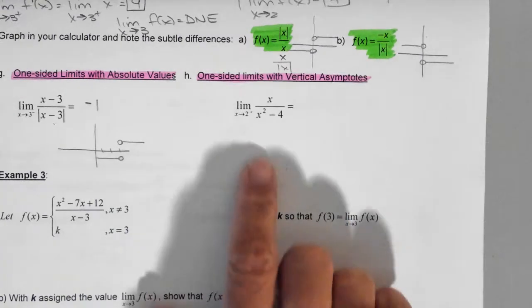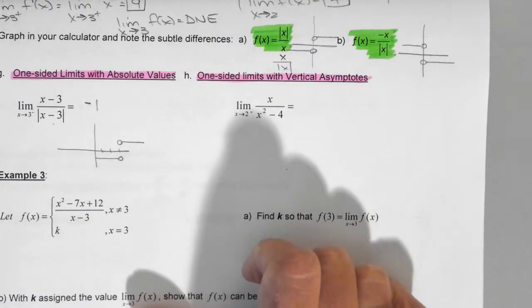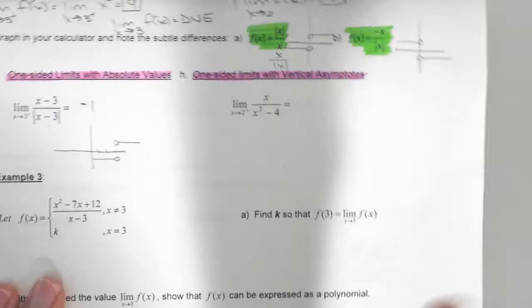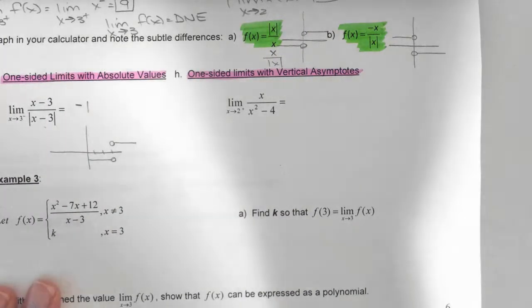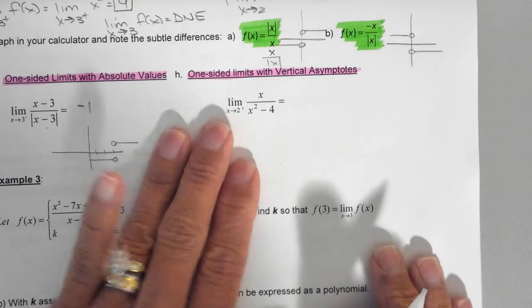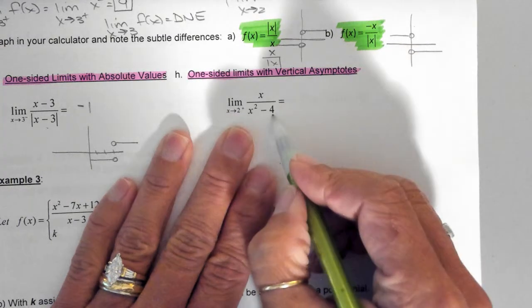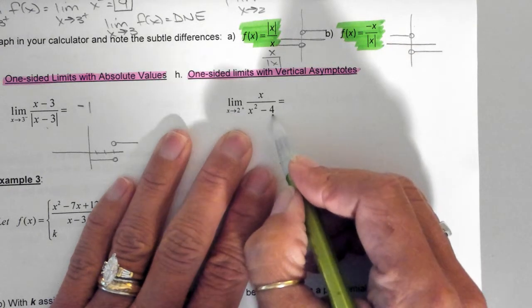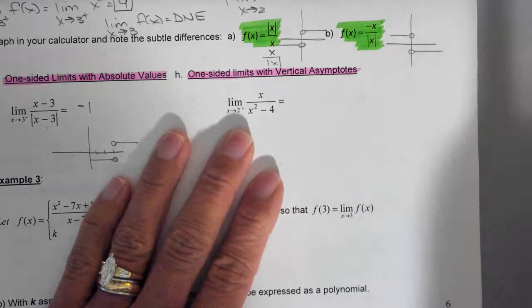Do you guys remember when you had the rational function inequalities, you had to do the critical numbers and you had to do the number line and find out where the function... Okay, so there's a couple things that I'm going to talk about here. You may or may not have heard this, so I just want to cover it a little bit. So the first thing that we want to look at when we have a function that has vertical asymptotes is where are the vertical asymptotes.